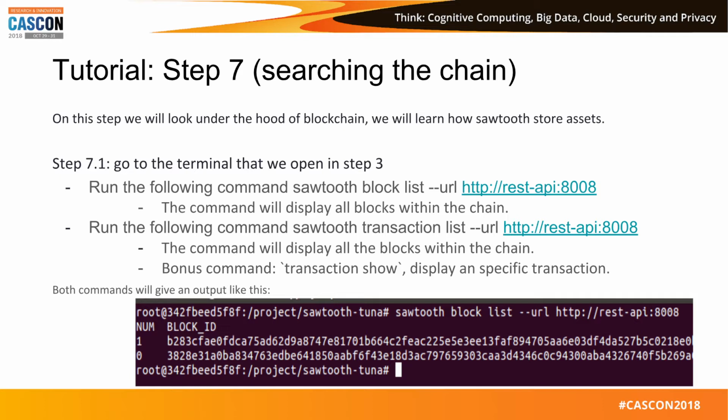There is a bonus command that I want you to do some research on if you can. After you get the transaction list, you will see the transaction ID. So let's try and open a specific transaction using the transaction show command. I'm gonna give you a few minutes to try it, and then we can continue.